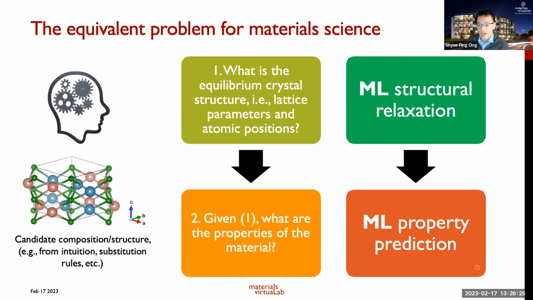So previously, we were assuming that we already have the DFT relaxed structure, and then we just need to predict the properties. Now, if you have to do DFT to get the structure in the first place, you are really not saving a lot of effort. It's just about as expensive to run a DFT relaxation as it is to just compute the energy, right? In fact, it's actually a higher computational cost to do the DFT relaxation. So this critical step actually needs to be accelerated.